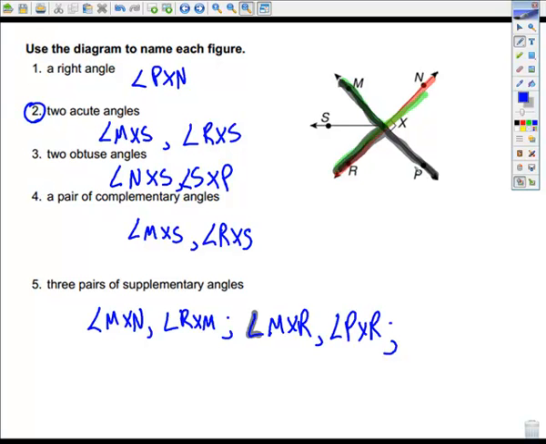Well, I can still look at this line right here, but I can use these angles instead. So these two angles, MXN and NXP.